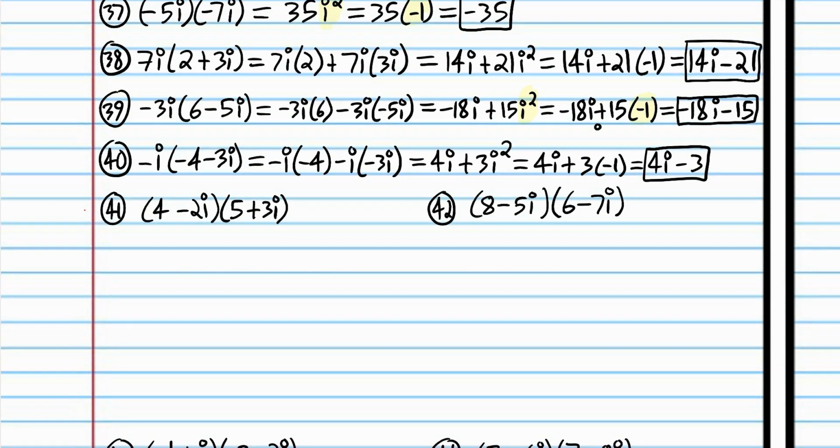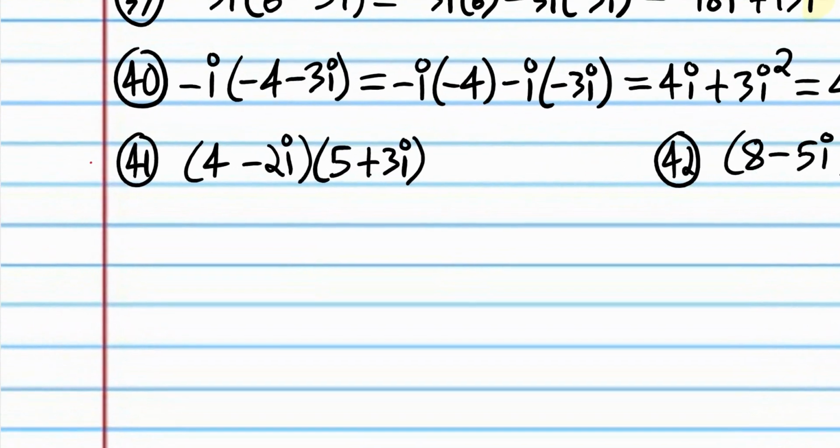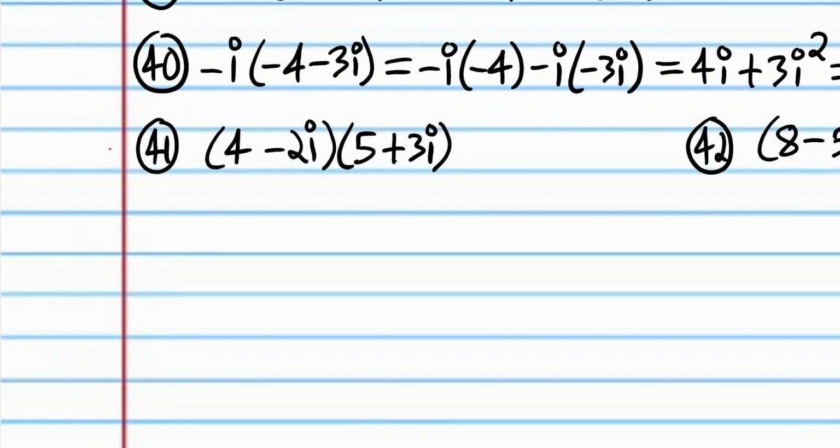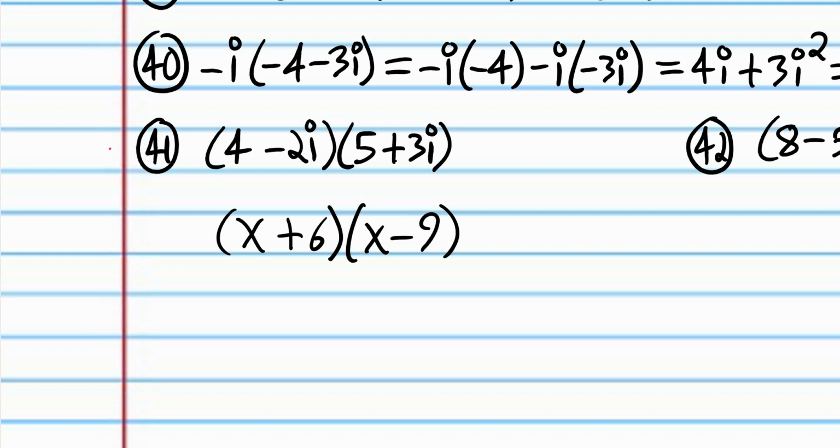All right, so now we're going to multiply two complex numbers. And each complex number, you could call it a binomial. So we're going to have to use FOIL. Remember when we did x plus 6 times x minus 9, stuff like that? And you had to do FOIL.